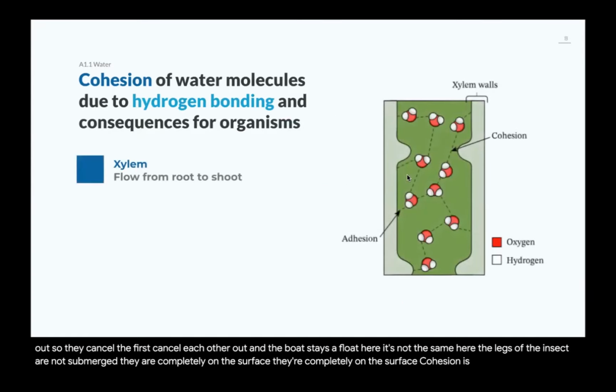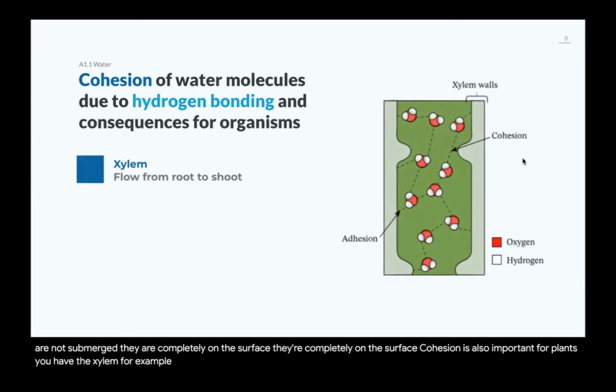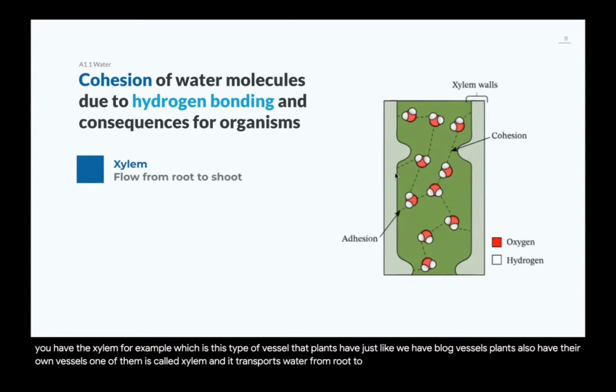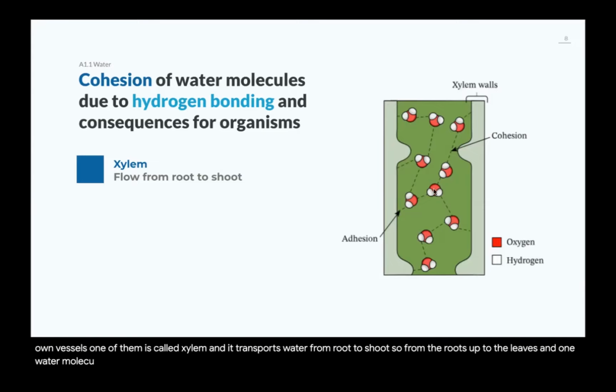Cohesion is also important for plants. You have the xylem, for example, which is this type of vessel that plants have. Just like we have blood vessels, plants also have their own vessels. One of them is called xylem, and it transports water from root to shoot, so from the roots up to the leaves, and one water molecule pulls on the other.